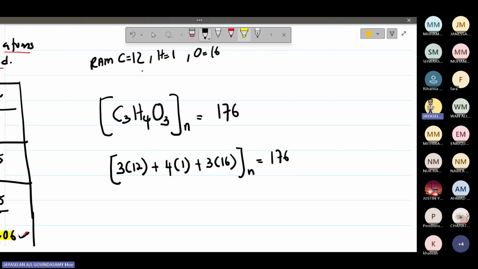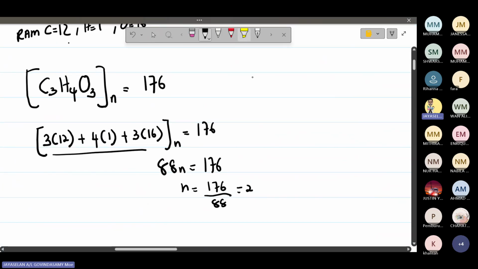No question? Okay, so you take the calculator, try to find all these answers. So 3 times 12, you will get 36, plus 4, then you put bracket 3 times 16, you guys will get 88. 88 and 176. n will be 176 divided by 88, you guys will get 2.